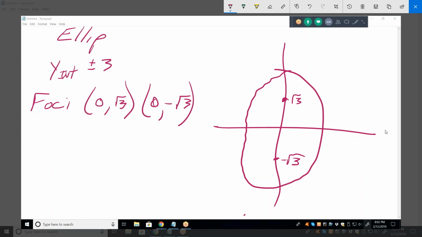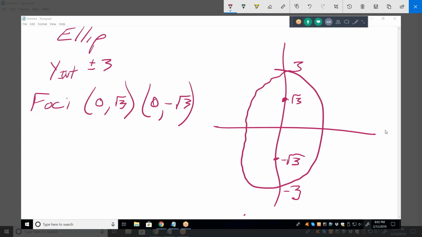So whatever the axis that connects the foci, if it's the vertical axis, then it's a vertical ellipse. If it's the horizontal axis, it's a horizontal ellipse. And the y-intercepts, so we know this number is 3, and this number is minus 3.